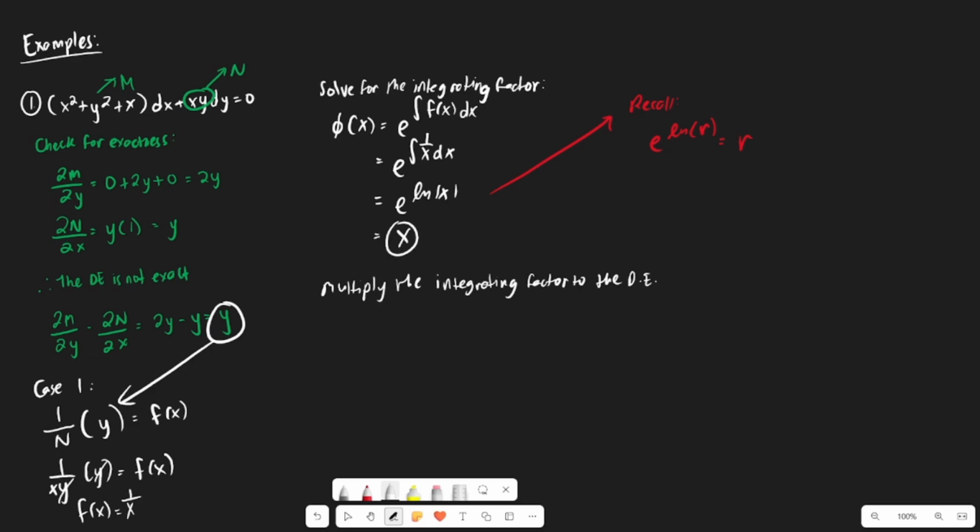So we multiply the integrating factor, phi of x, to the dE. So we would have x times this part plus x times this part.